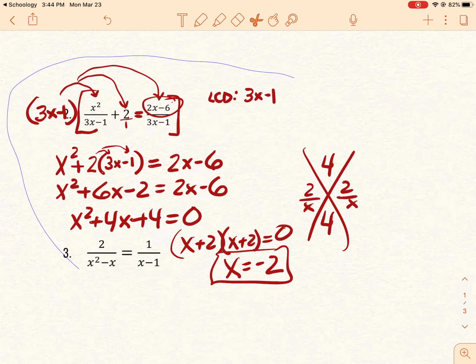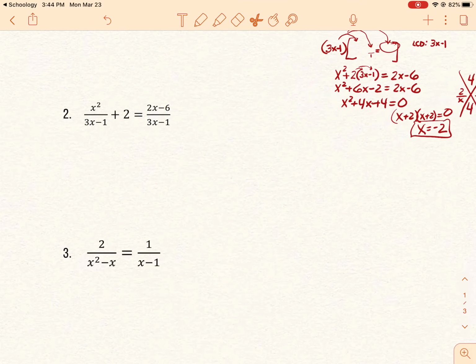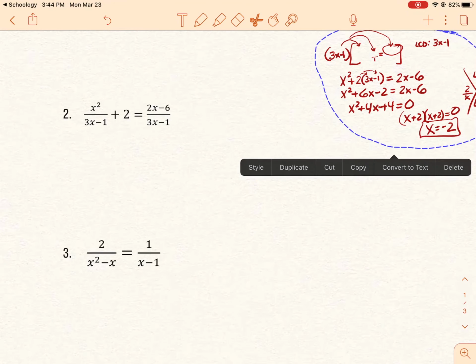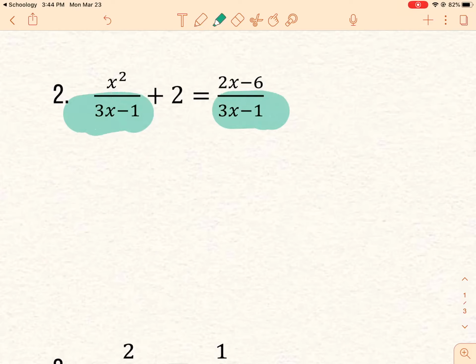A second way, and it's not possible on every single problem, but it's a little pattern that you want to try and pay attention to, is if we look at the original again, when we add and subtract fractions, we need a common denominator. So if I look, this has a common denominator of 3x minus 1.